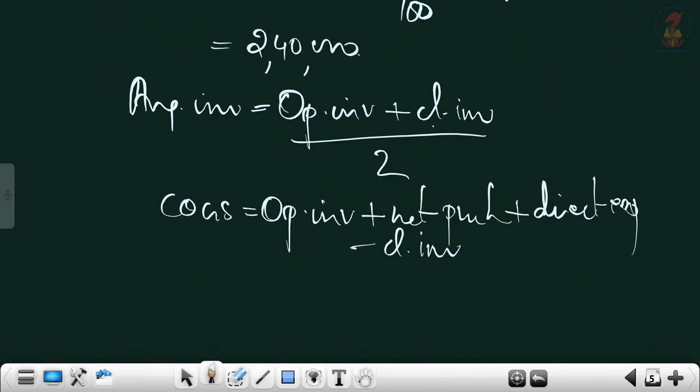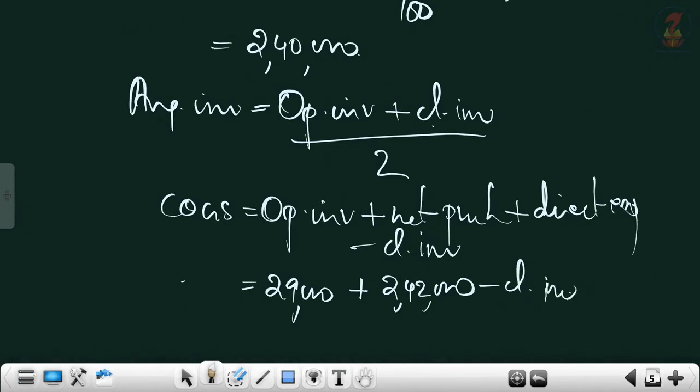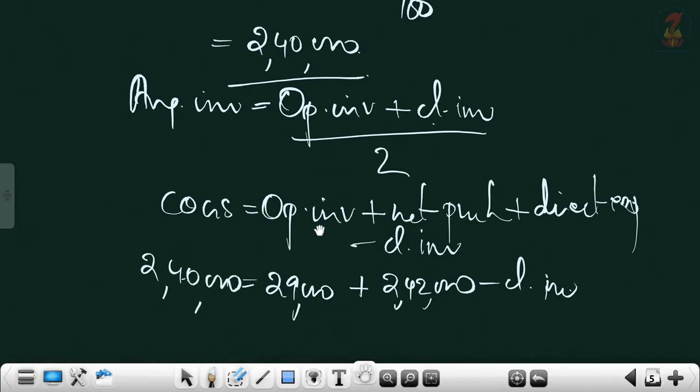And here opening inventory value is 29,000 plus purchases. There is no adjustment written for purchases, so you can directly take the purchases value. Direct expense is not given. Cost of goods sold computed is rupees 2,40,000.